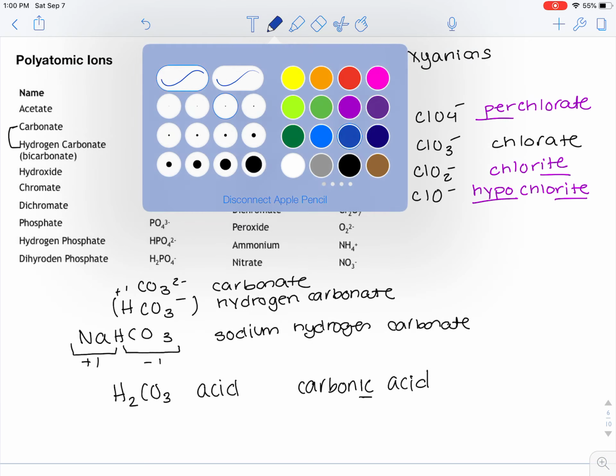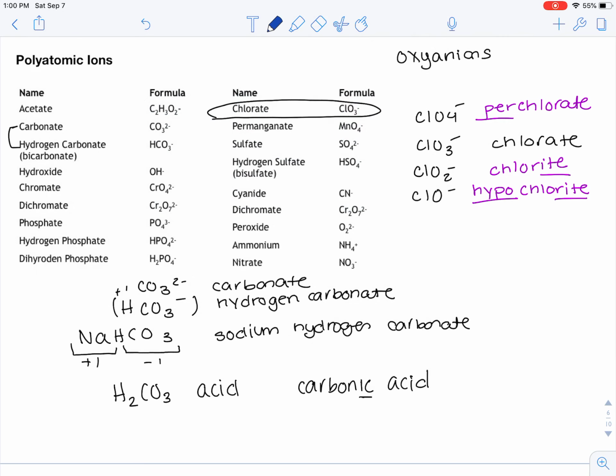For example, let's say you have Mg(ClO4)2. It's ionic. You know that magnesium is one of your main group elements. The 2 comes from magnesium. The invisible 1 comes from perchlorate.